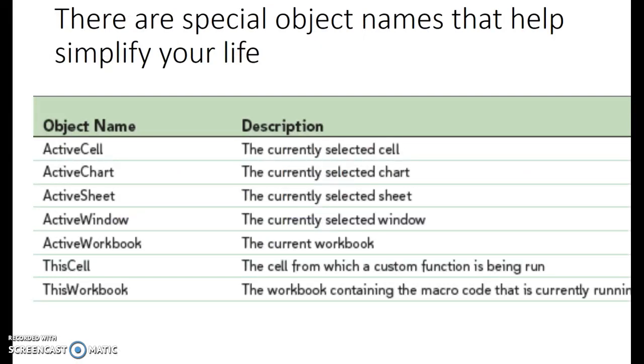So these are the object names of different things that will make your life a little simpler. In other words, if you're a little further down in the application, you don't have to use the long description in order to refer to a single cell.